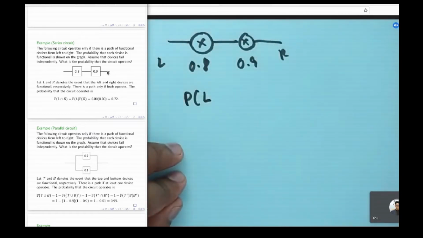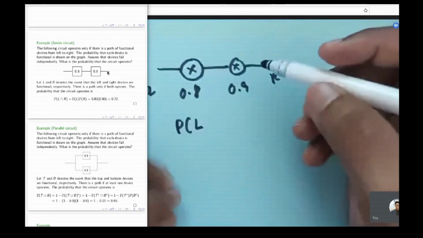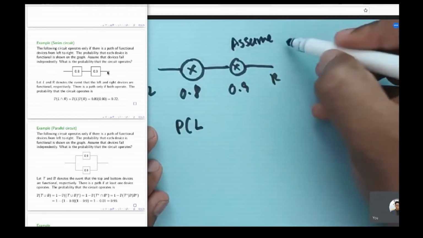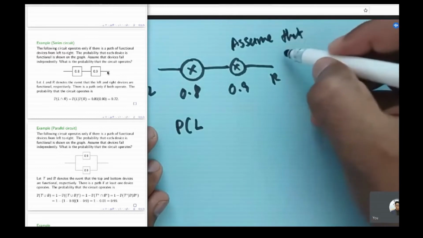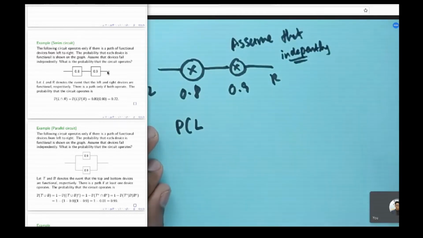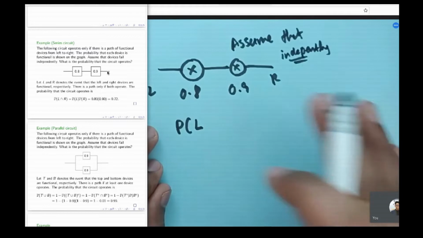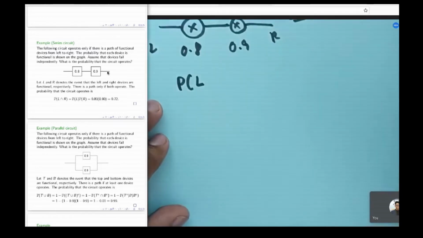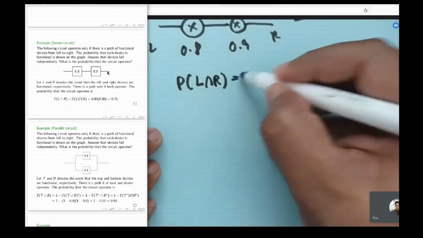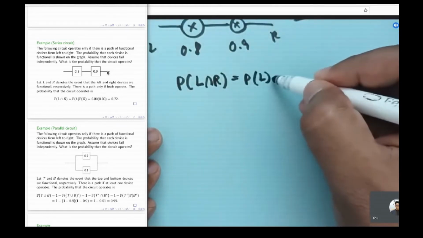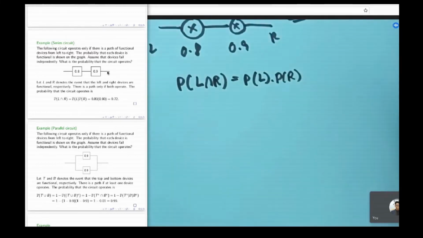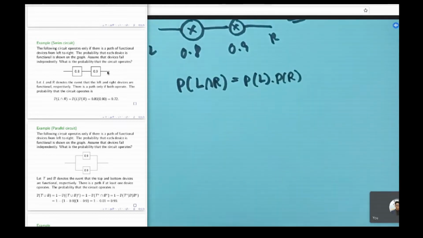So by definition, when you get a phrase like this, that says assume that the devices fail independently, it means that you can directly take the relationship between the probability of L intersection R and their multiplication, which is the probability of L times the probability of R. So L intersection R, the probability of this is equal to the multiplication of the two probabilities independently.